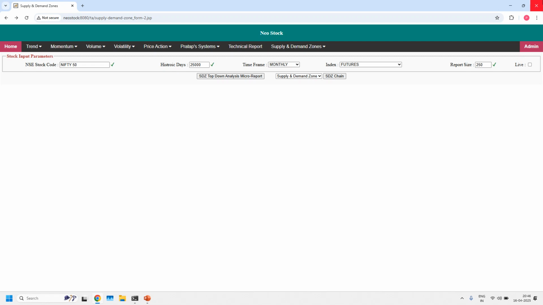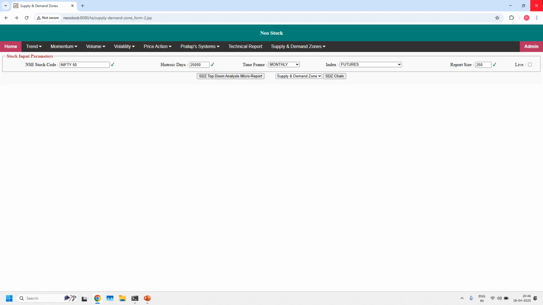The second thing is the most important point you should remember for bullish and bearish trade setups. If you find any indices related zones, please ignore them from the bullish and bearish trade setups. Nifty and Bank Nifty I will generate because I already got the fresh data.